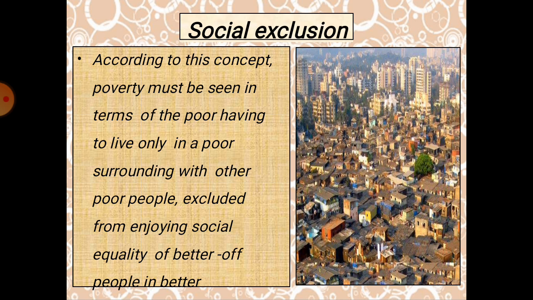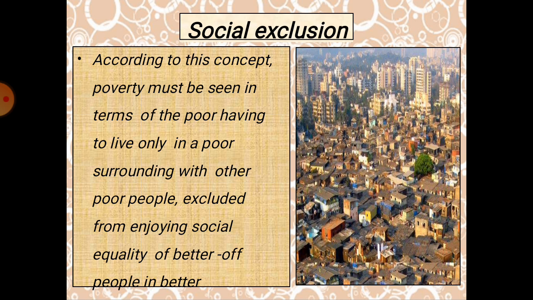And social equality is not there. Equality means better surroundings for the people, so it is not existing. Social exclusion can be both a cause as well as a consequence.